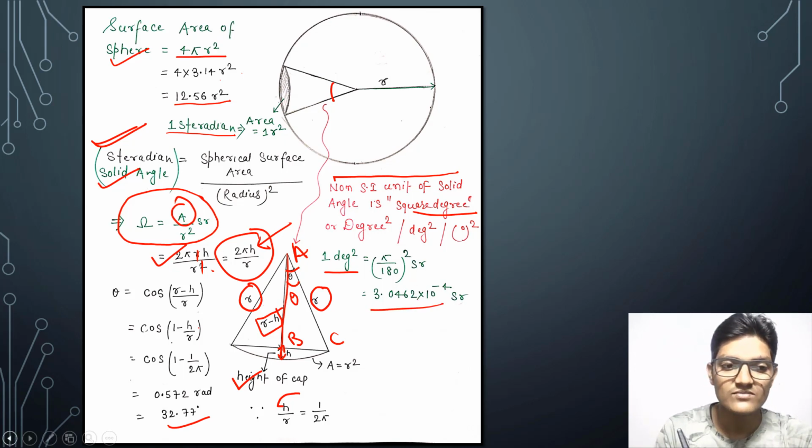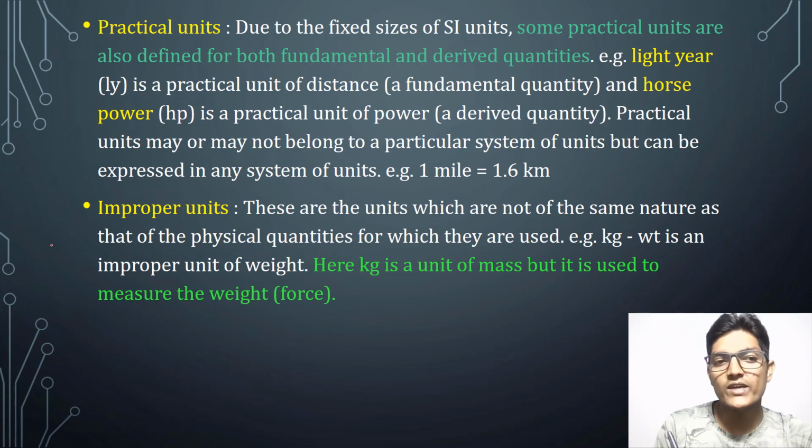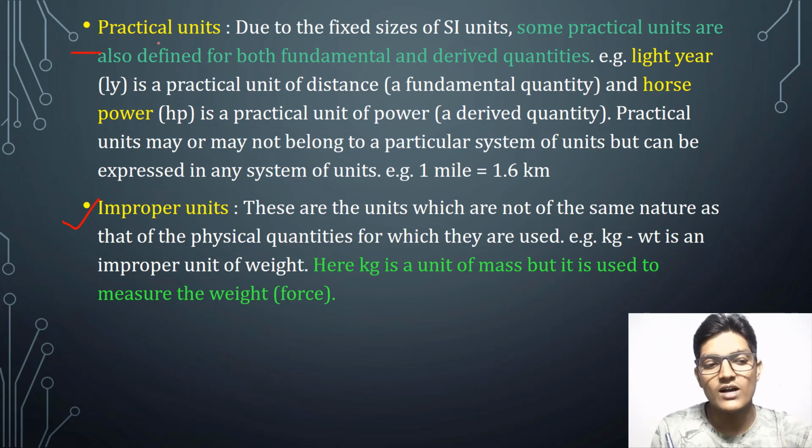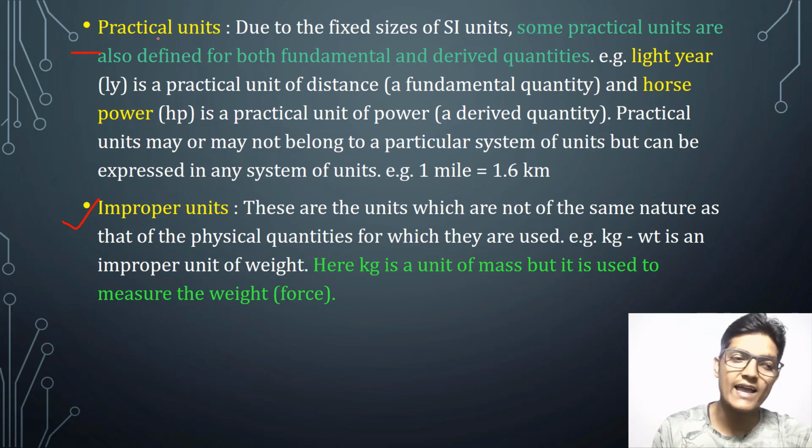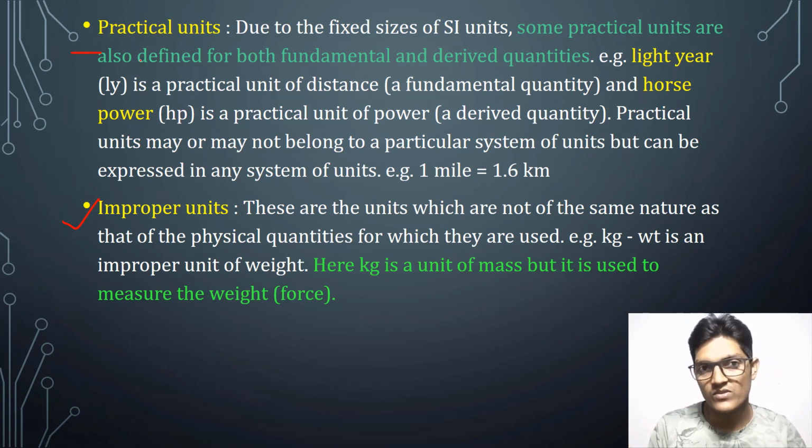Okay everyone, now we have two other units, which are practical units and improper units. So first of all, if I want to ask you one question, like what is the distance between earth and sun? So we have a very large value, right?